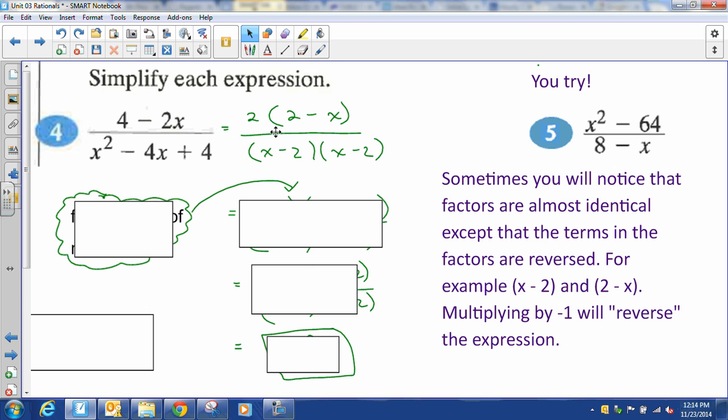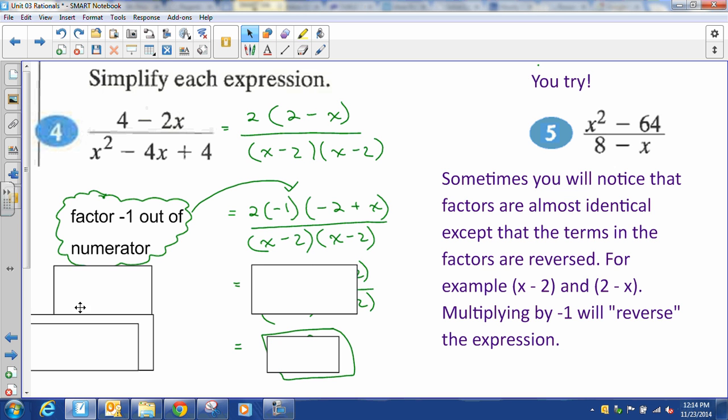We can factor out the negative 1, which I call the negative 1 method. If we factor out the negative 1, it ends up appearing right here in the front. So we factor out a negative 1, this positive 2 becomes negative 2, and the negative x becomes positive x, giving us the matching factors so we can cancel.